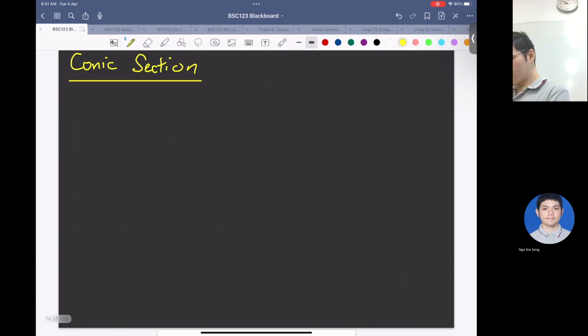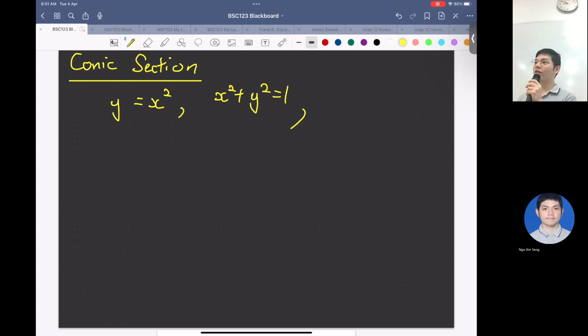Actually we are looking at quadratic functions. For example, x squared plus y squared equals 1. These are what we have seen before: circle or parabola. This one is a parabola.